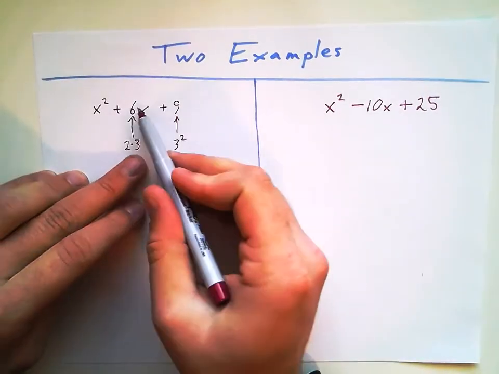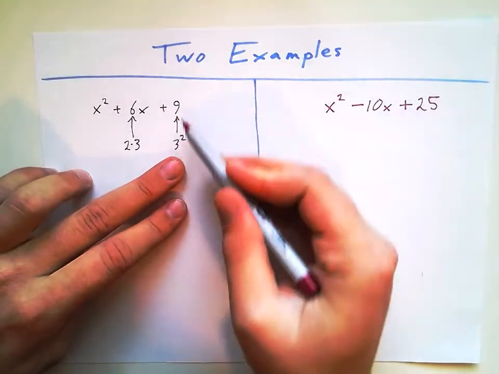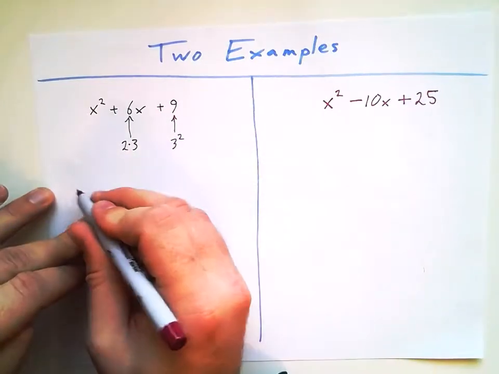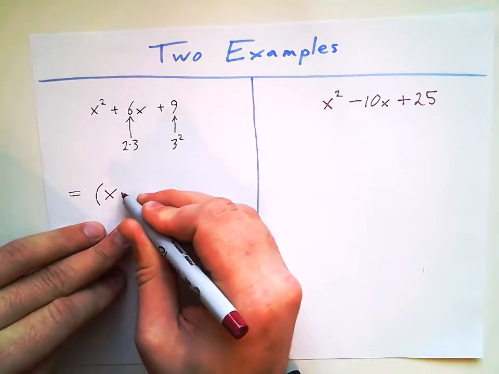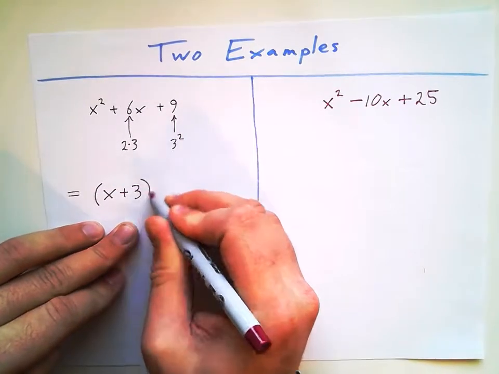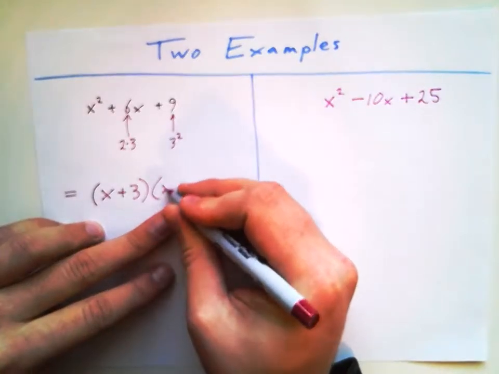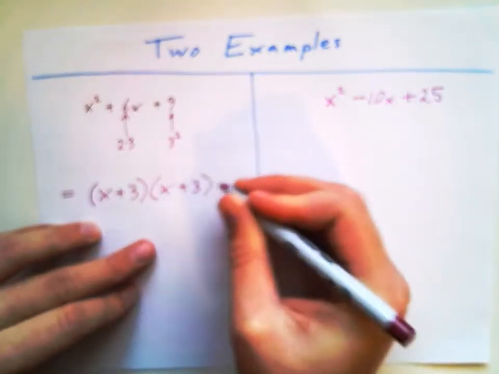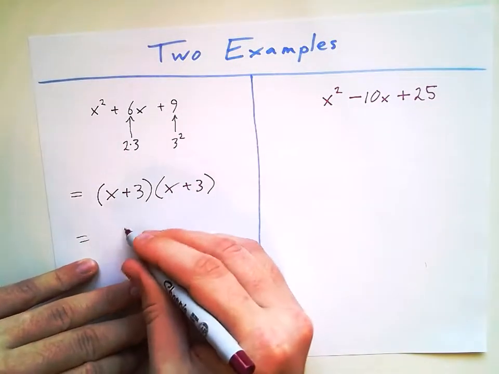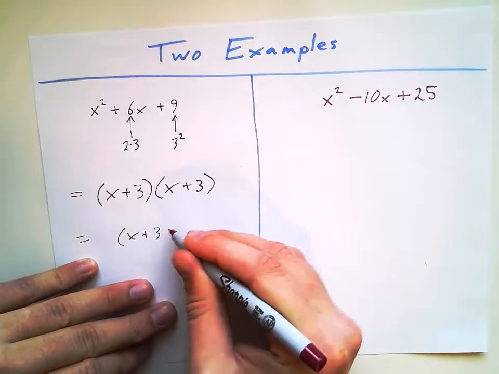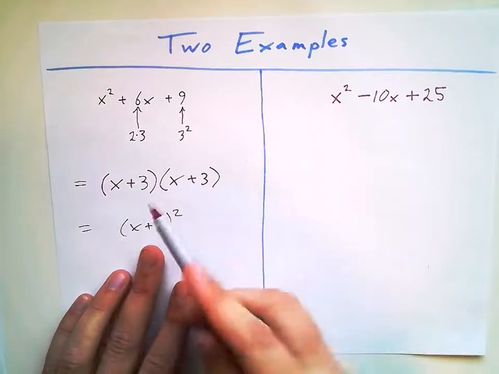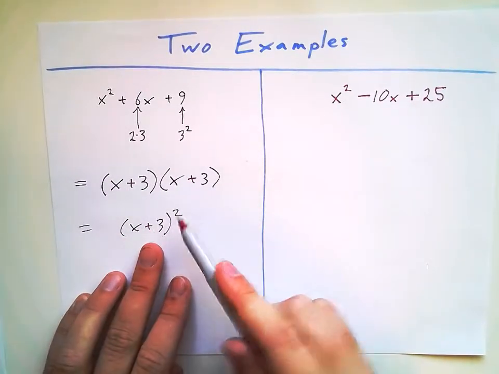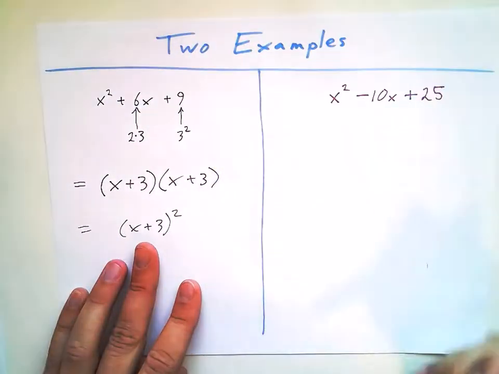If I have twice a number here and that number squared here, then what I really must have is x plus 3 times x plus 3. Or you could write that x plus 3 squared. And that's why it's called a perfect square. It's this thing squared gives you that.